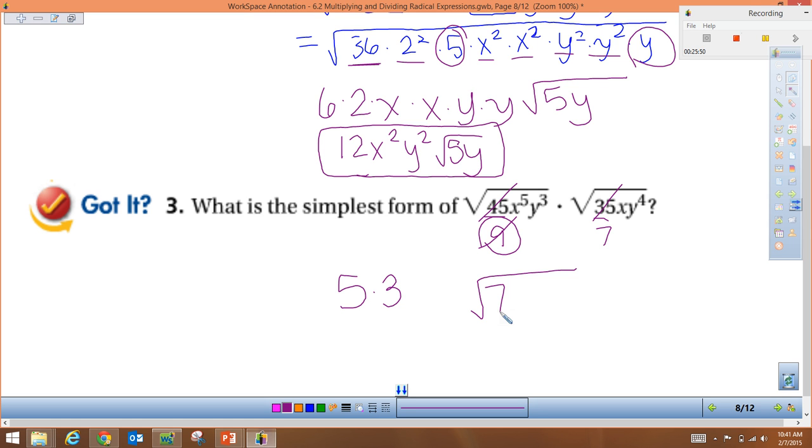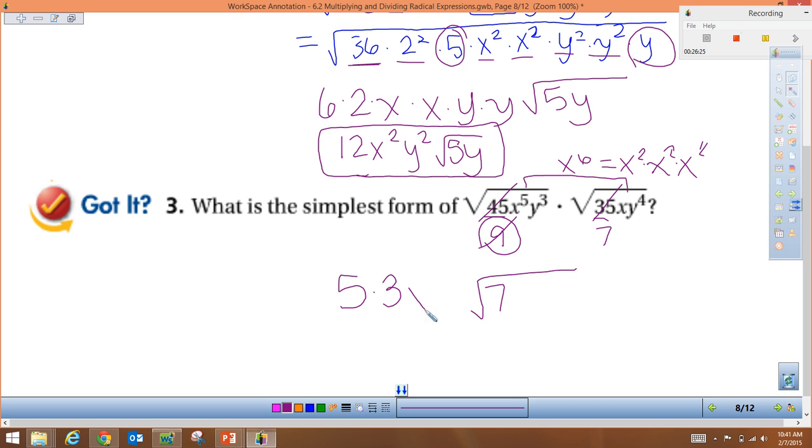Now let's look at our letters. We have x to the 5th and x. That's x to the 6th power. Can we take the square root of that? We absolutely can. That makes 3 groups of x squared, right? X squared times x squared times x squared, that's 2 plus 2 plus 2 is 6.